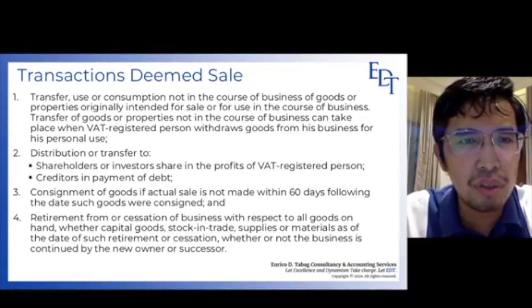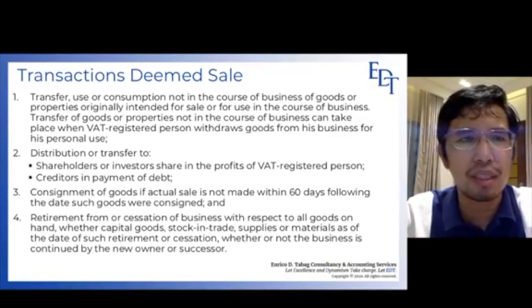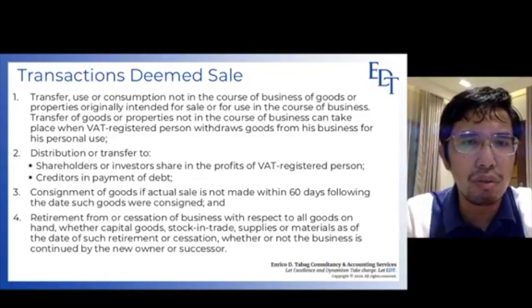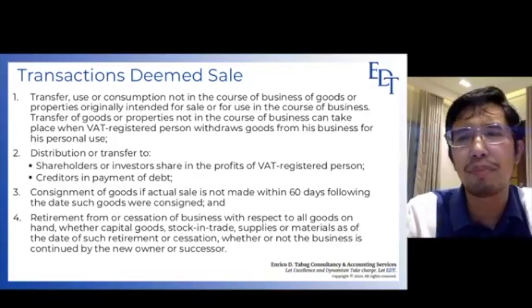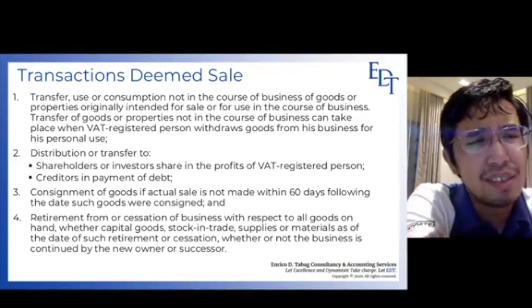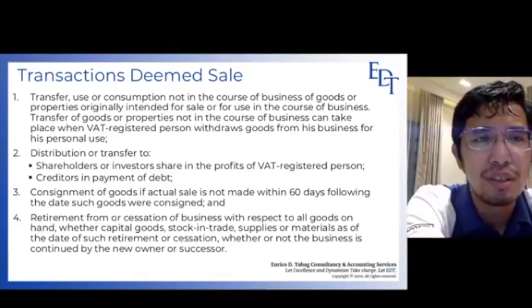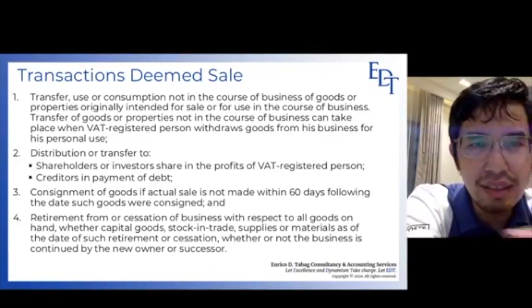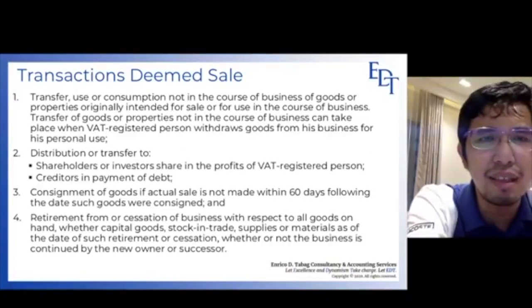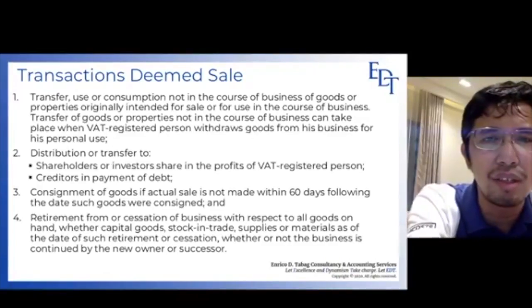Transfer of goods or properties not in the course of business can take place when VAT registered person withdraws goods from his business for his personal use. Or doon ka lang sa first sentence niya, transfer, use, consumption, not in the course of business of goods or properties, originally intended for sale or for use in the course of business.